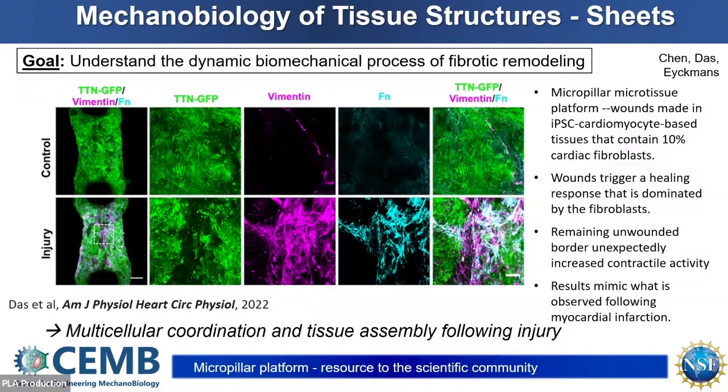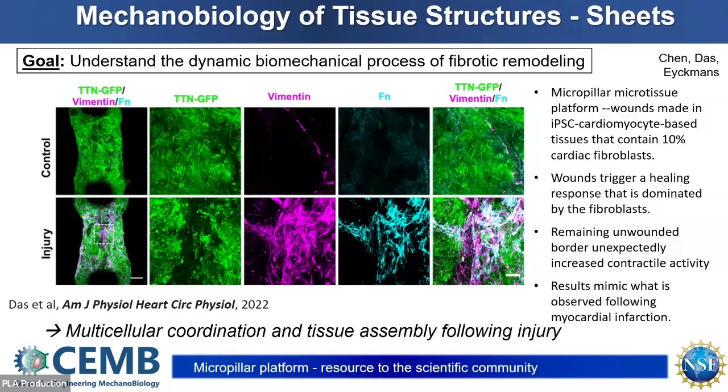Okay, moving a little bit to some of our other accomplishments with some of the more sheet-like networks, and then building on some of those complexities. So Chris Chen's group was able to develop these pillars, micropillar structures. These micropillar platforms are being used quite a bit throughout the scientific community, so not only in our center, but other labs.